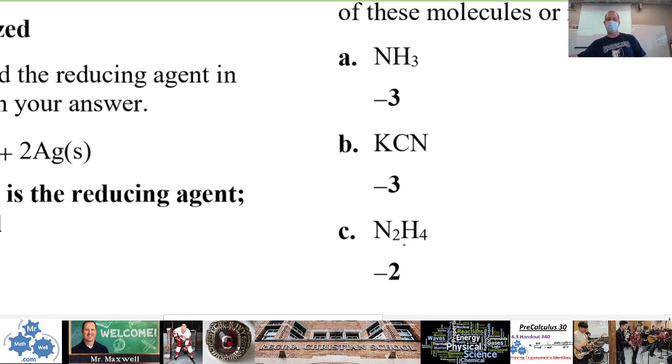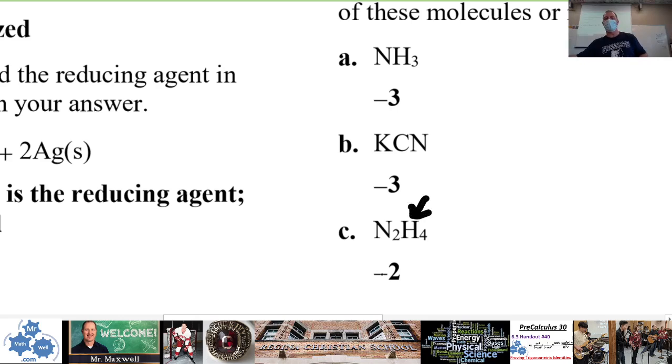This is called hydrazine. Is it frozen? Sorry. Because hydrogen is written second, you might think that it's a negative ion, and hydrogen does make a -1 ion at times. But nitrogen, I don't think it's ever going to be a positive oxidation state. I could be wrong, but it's very, very seldom. Hydrogen is +1 the majority of the time.